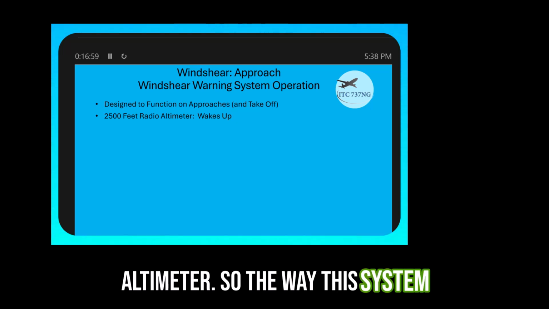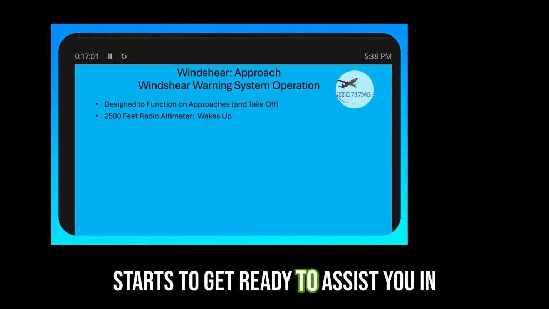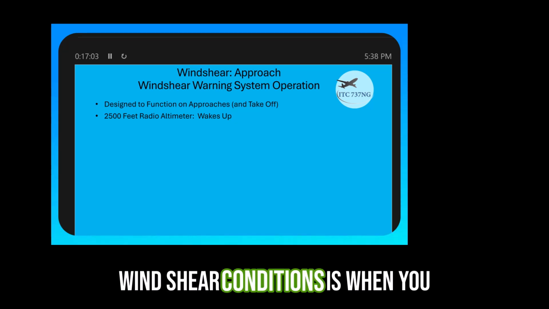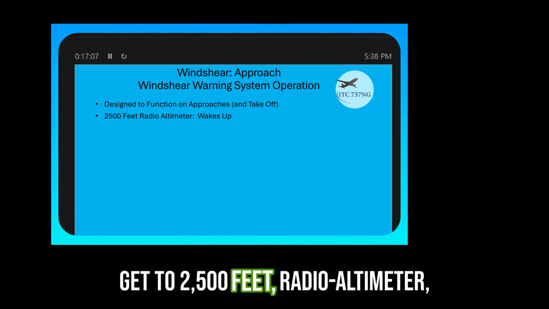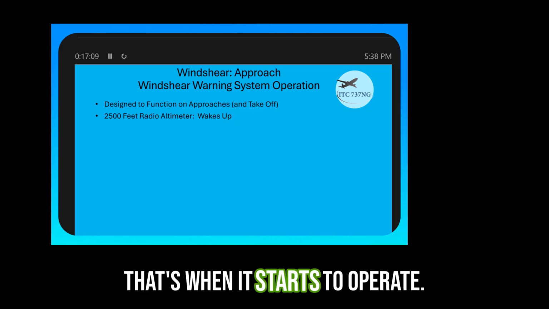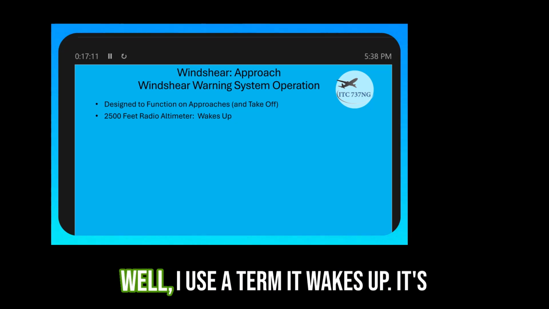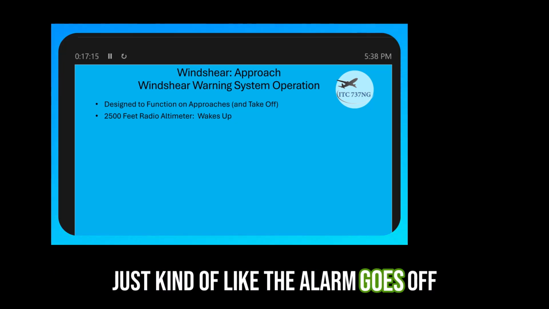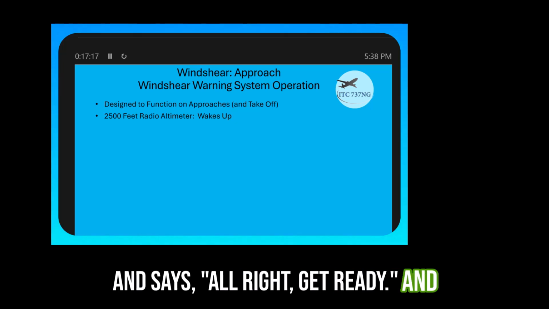So the way this system starts to get ready to assist you in wind shear conditions is when you get to 2,500 feet radio altimeter, that's when it starts to operate. Well, I use the term it wakes up. It's just kind of like the alarm goes off and says, all right, get ready.